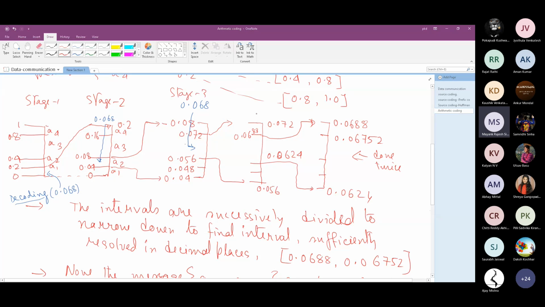Okay, so the stages are according to the message. Yes. So this is the making of the stages that is known on both sides, transmitter and receiver. Only the probability table is necessary. Stages can be formed once the probability table and message are available. So then this sequence will be there. Okay. So only that needs to be transmitted.